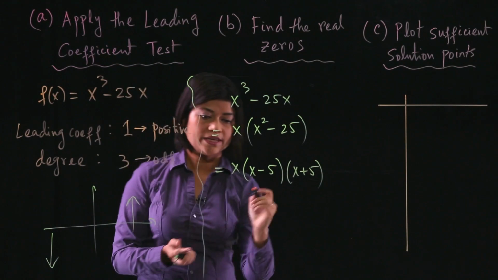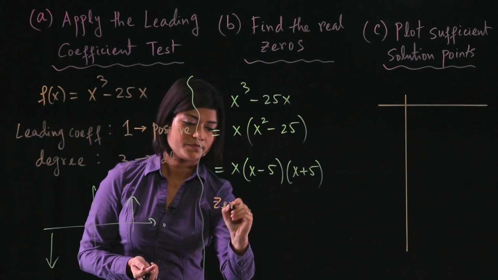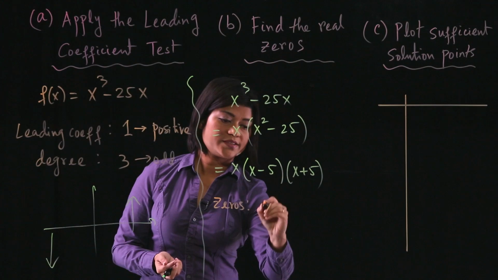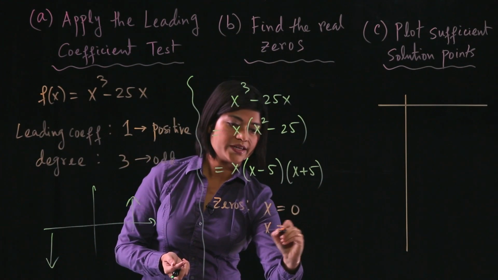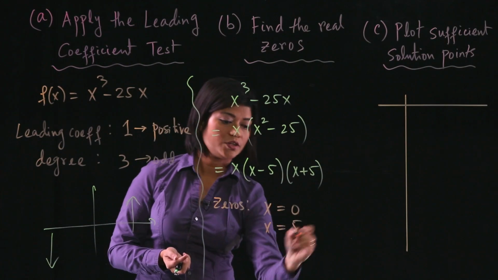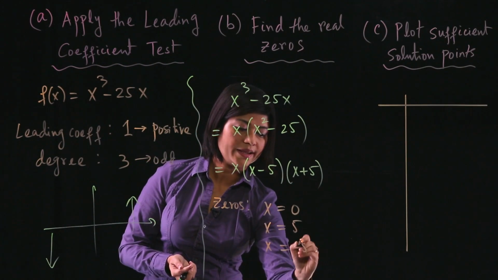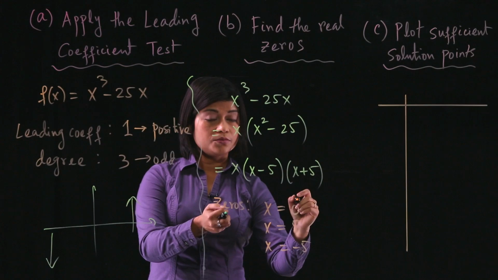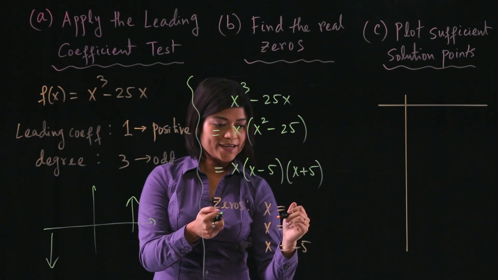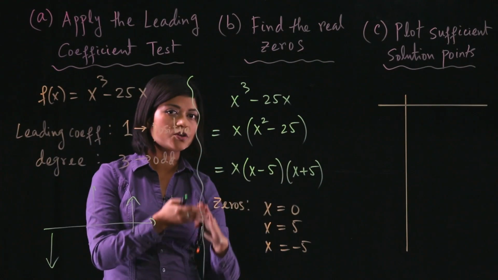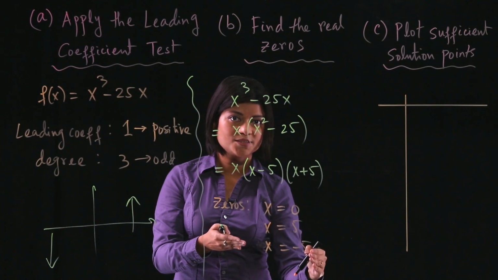So that tells you that the zeros are x equals 0 from the first factor, from the second factor, x equals 5, and from the third one, x equals negative 5. So what do we mean by these are the zeros? That means that the curve will cross the x-axis at these points.